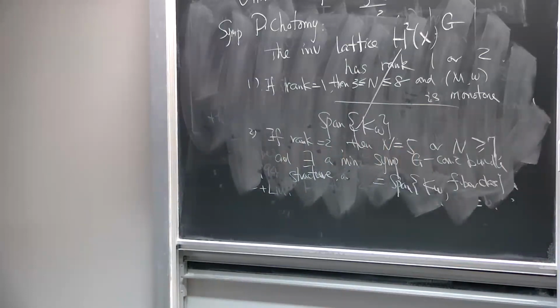Let me find the paper. Which paper is this? Oh, this is the JDG paper, symplectic rational G surfaces and equivariant symplectic cones. The equivariance is even in the name of the paper.